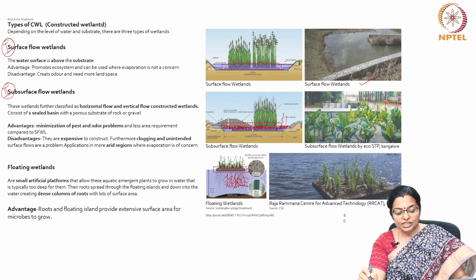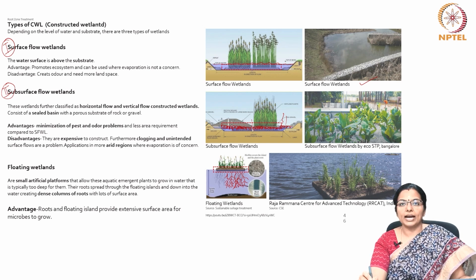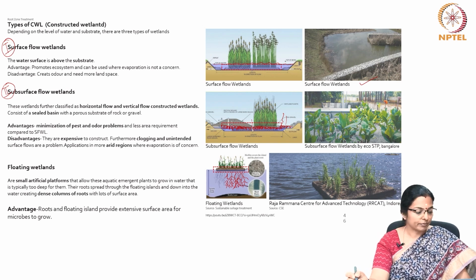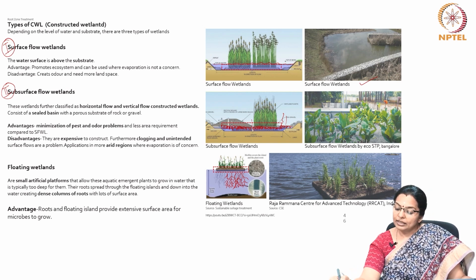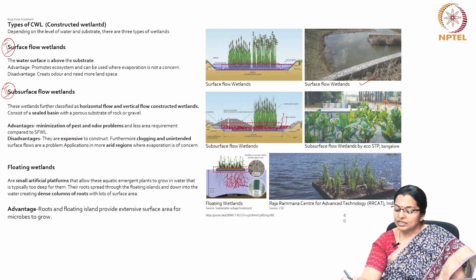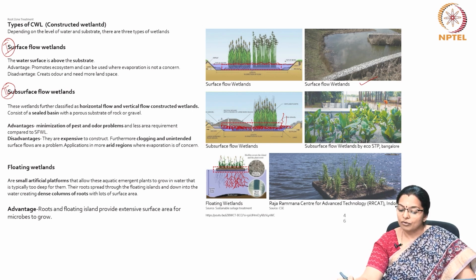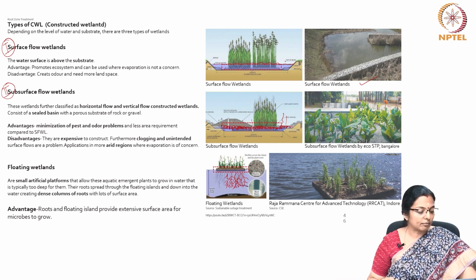The advantage is the roots and floating islands provide extensive surface area for microbes to grow. Here you can see Raja Ramanna Center for Advanced Technology in Indore has a floating wetland.